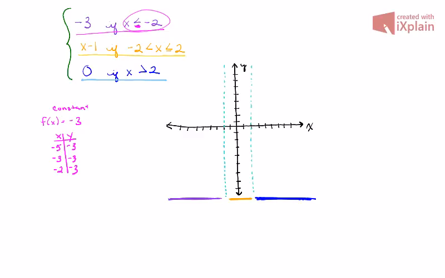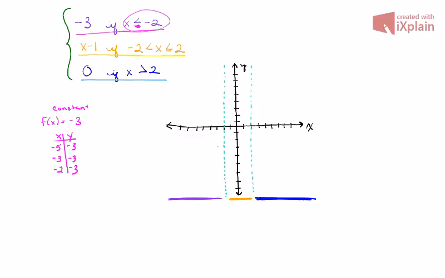So I'm going to go ahead and plot these in. So let's see here. -5 and then -3. I have -3, -3. And then, oops, I am not plotting correctly. Sorry about that.